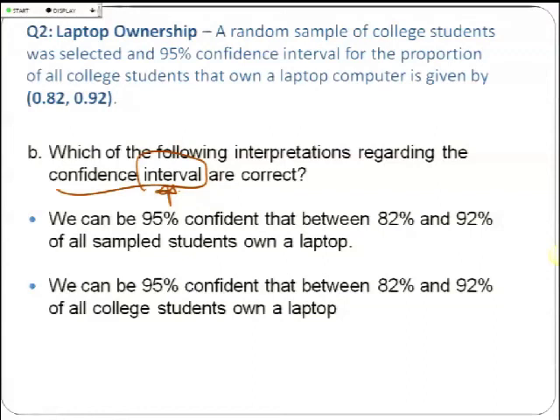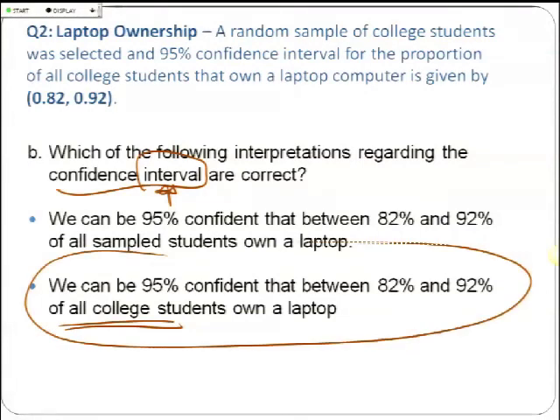Number 1 or number 2? Number 1 is wrong because p hat is in there. I'm not 95% confident, I'm 100% confident p hat is there. I want to have confidence that the true p is in that interval. Would you be able to interpret the confidence level too? That could be asked also.